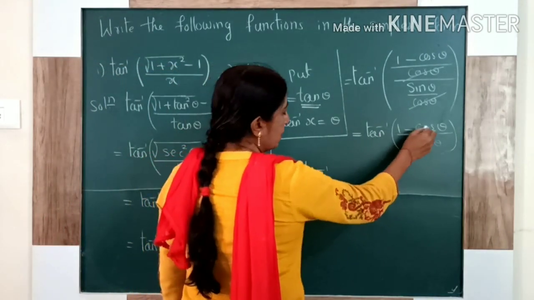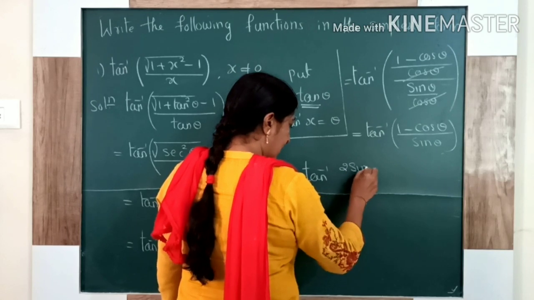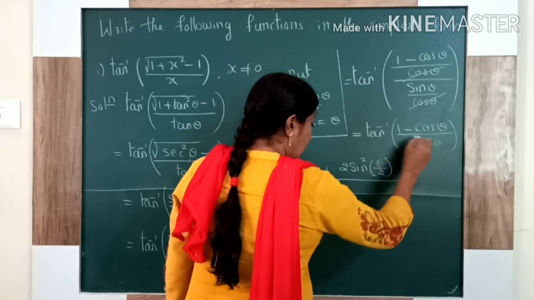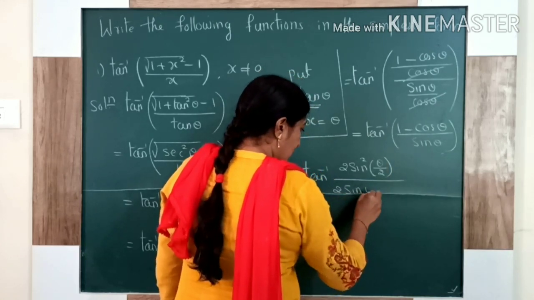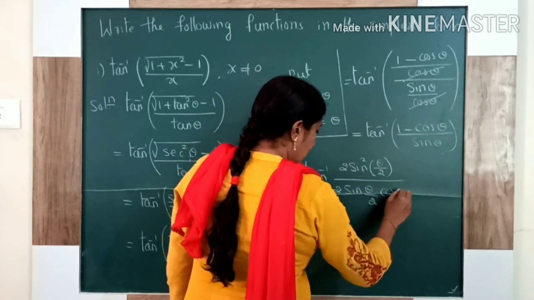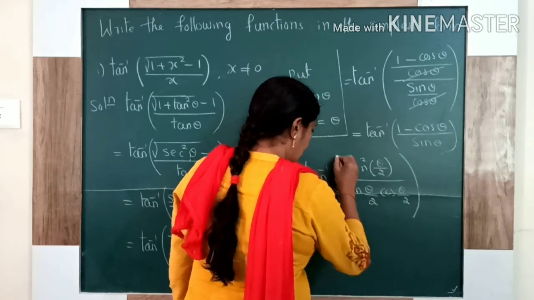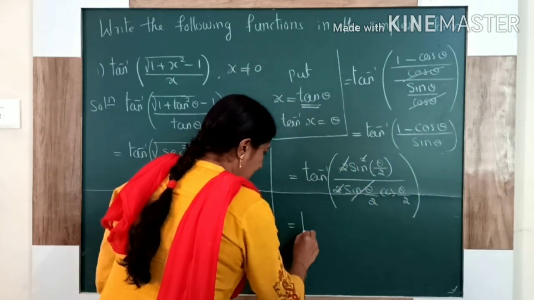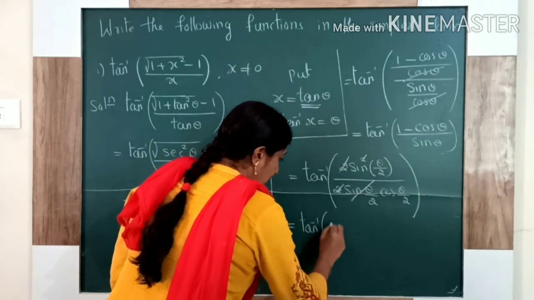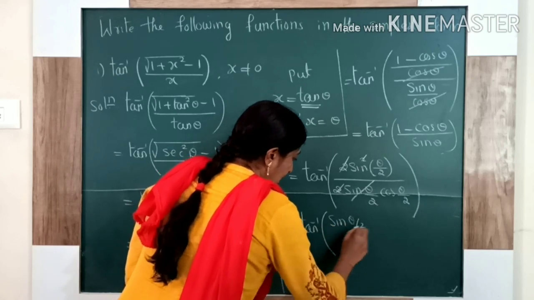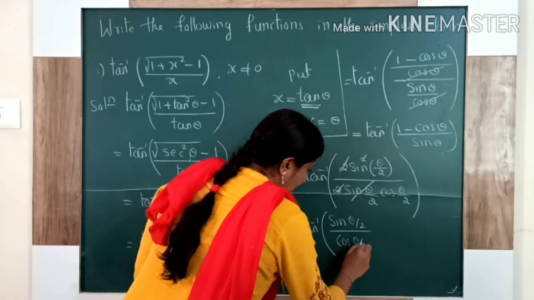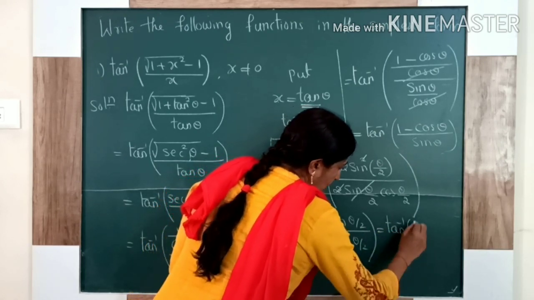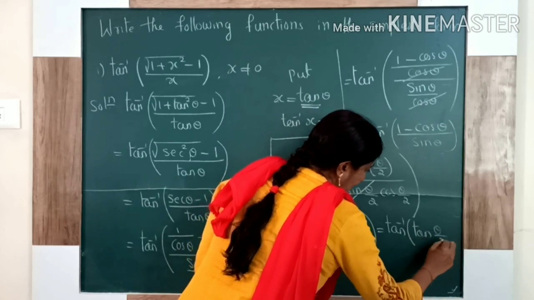What is 1 minus cos theta? It is 2 sin square theta by 2, upon sin theta, which is 2 sin theta by 2 into cos theta by 2. These two get cancelled, one sin is cancelled with this. What is remaining? Tan inverse of sin theta by 2 upon cos theta by 2, that is nothing but tan inverse of tan theta by 2.